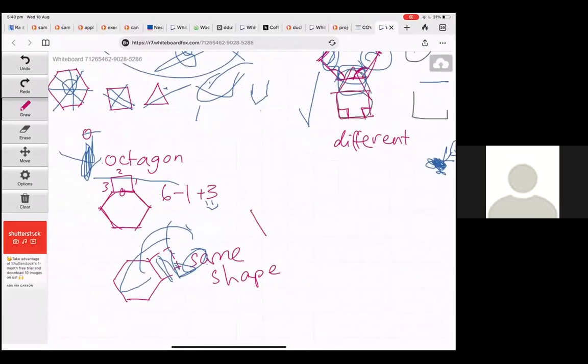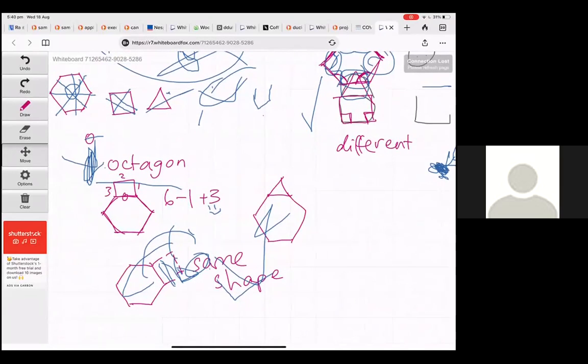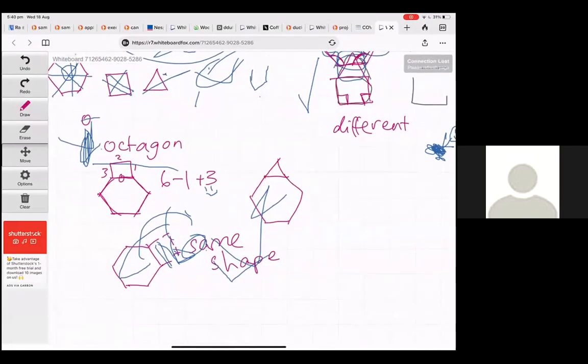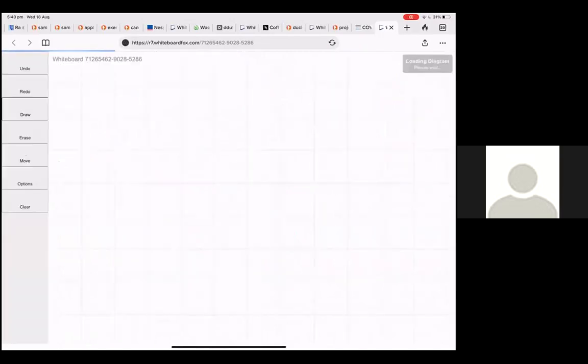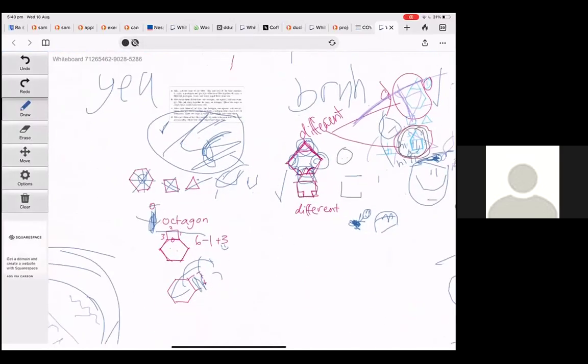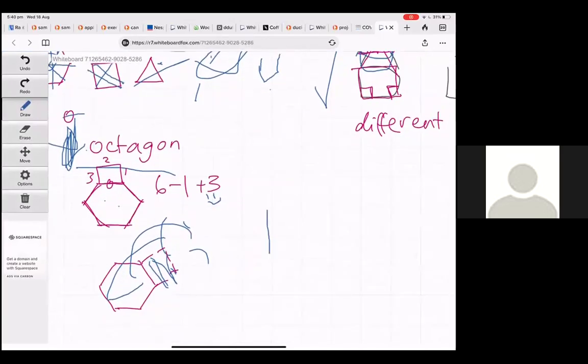And we also already saw that this makes a pentagon, only 5 sides, which is bad because you want to make an octagon.